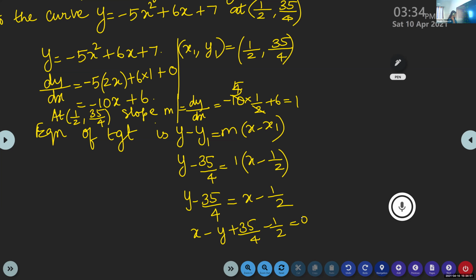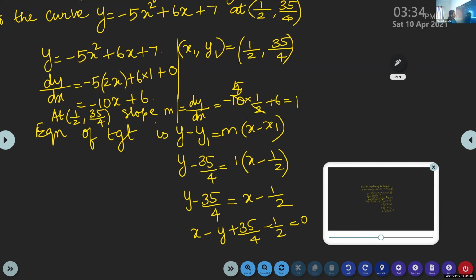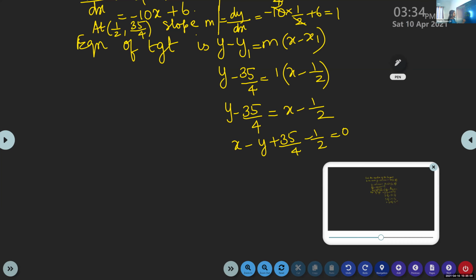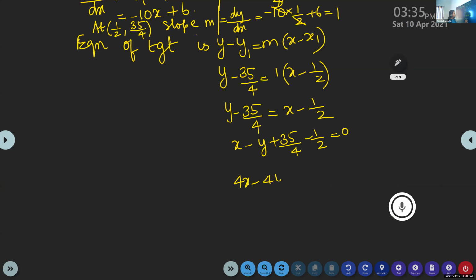Take the LCM and simplify. If you want, we can multiply throughout by 4 in order to remove the fraction. Then we get 4x minus 4y plus 35 minus 2 is 0.